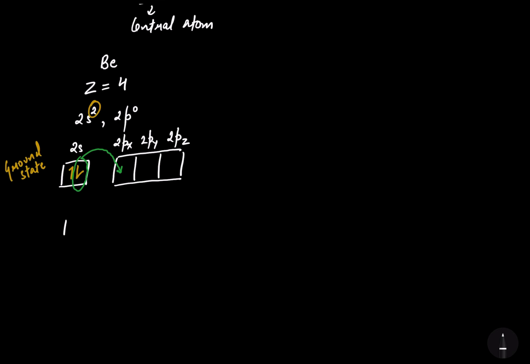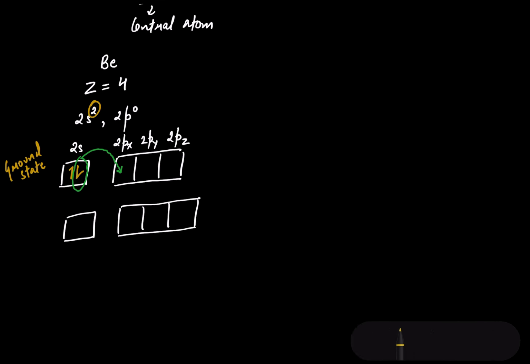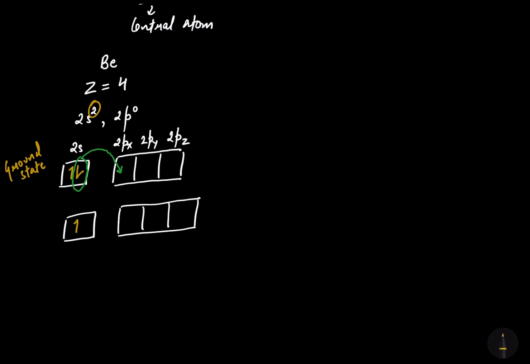So this comes out like this. One electron is over here, another over here, and this is now called the excited state of beryllium.